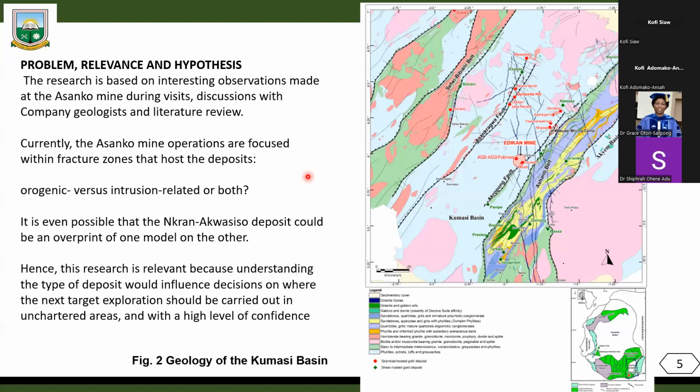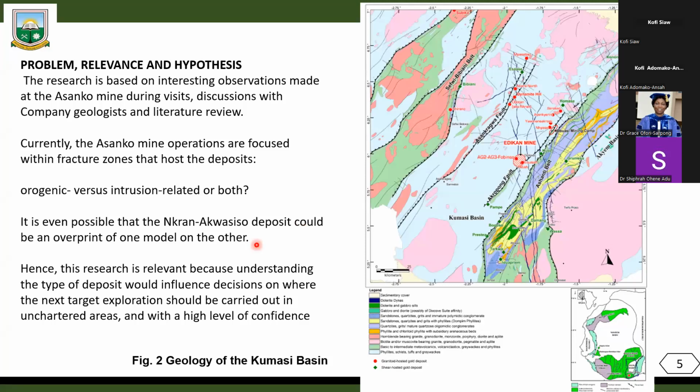However, during a visit and discussions with company geologists, and consideration of some literature review and observations that were made on the deposit, there began to be a new thinking as to whether the Asanko deposit system is an intrusion-related deposit, or indeed an orogenic deposit, or the case may be that both of these types of deposit systems are occurring there, where one could be an overprint of the other. So that is what this work, based on the new observations, tried to do.